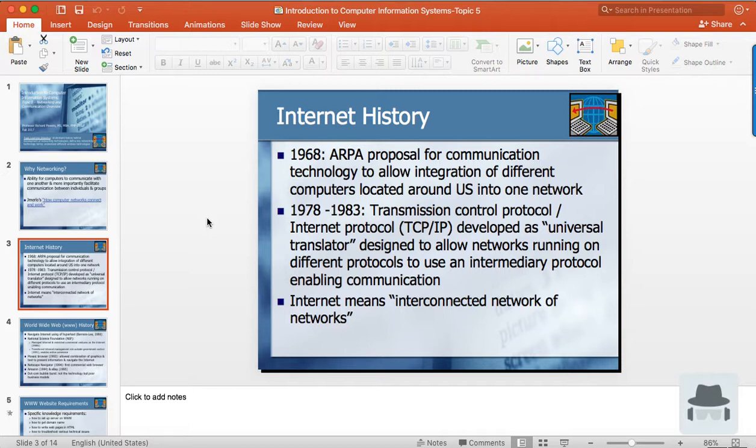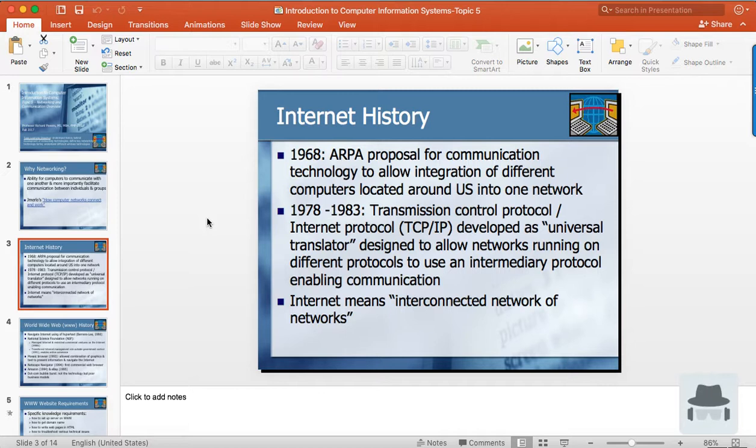The foundations of the internet were developed in 1968. ARPA, which is a government organization, put together a proposal for a communication technology that would allow for the communications of computers located from one side of the U.S. to the other.